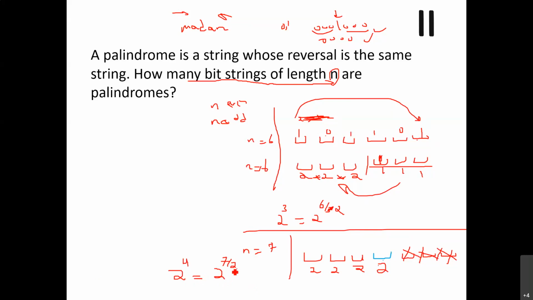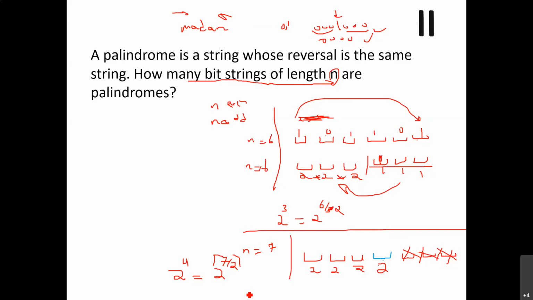But we can't leave it like that, 3.5. You have to say the ceiling, right? The ceiling of that. 7 over 2 is 3.5. We don't work with 3.5, so you either have to bring it up using the ceiling or bring it down using the floor.